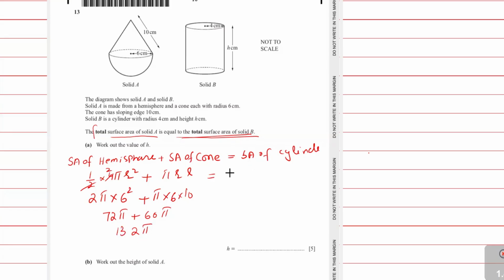And surface area of cylinder is 2 pi r h plus area of top and bottom, which is 2 pi r square.